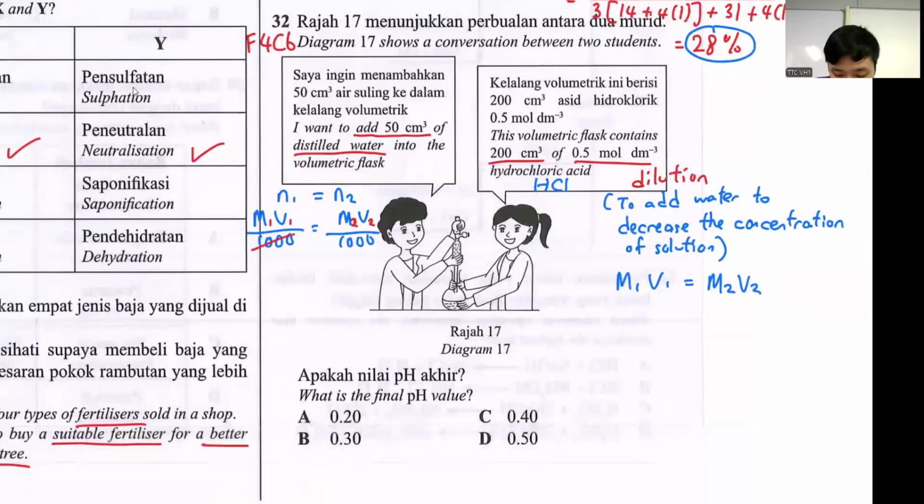Then the 1000 cancels off, and you get M1V1 equals M2V2. This is the derivation.